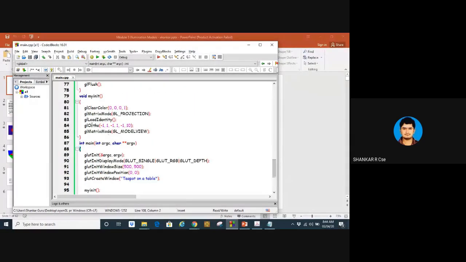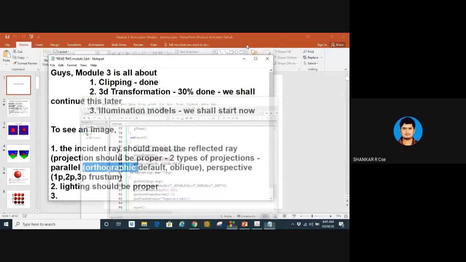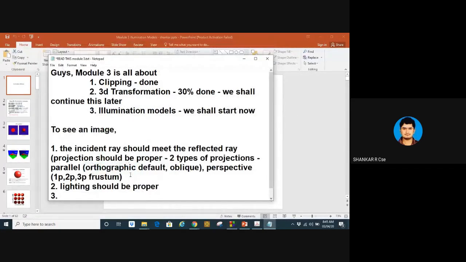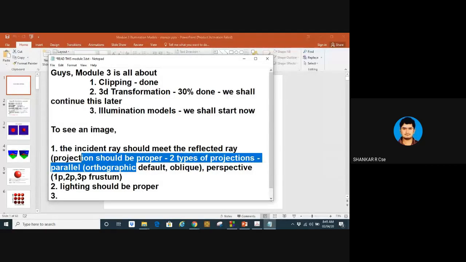That is the reason we write this ortho. Even if you don't write this, it assumes the default projection. And if you want to change your near, far, left, right, and so on, you need to change the parameters.